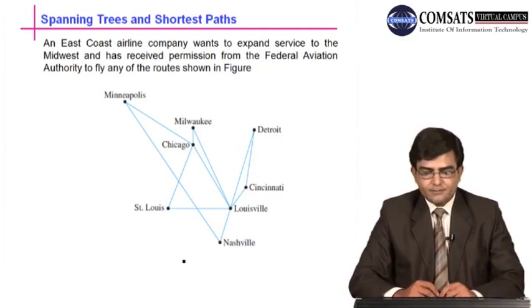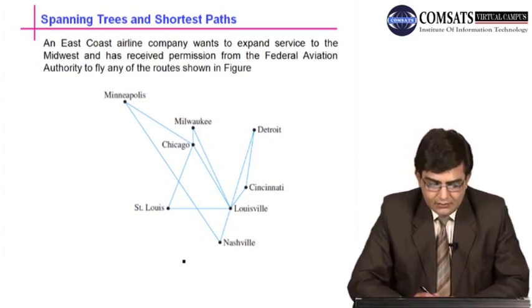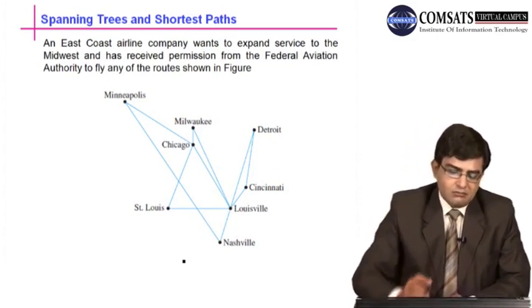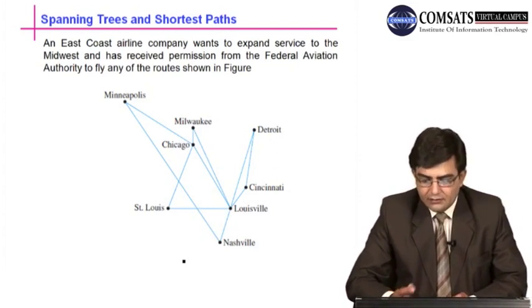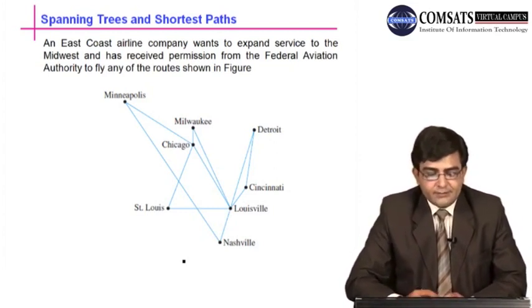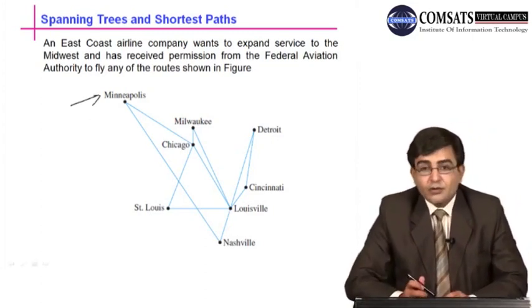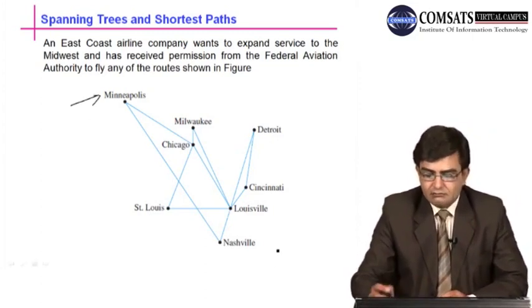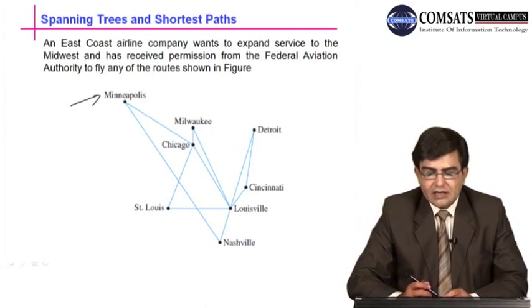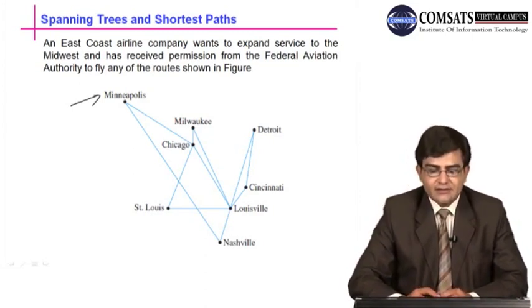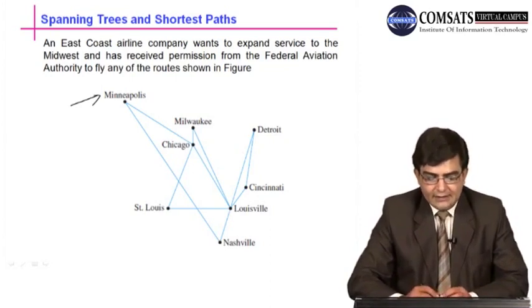So here we have these cities: St. Louis, Chicago, Milwaukee, Detroit, and the other here is Minneapolis and Nashville, and there are other cities in which they want to expand their airline service.